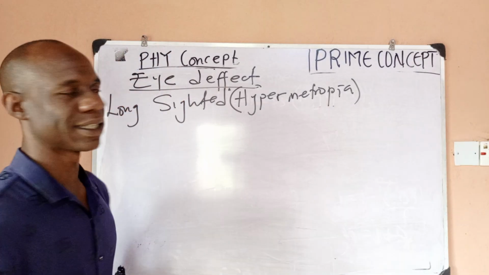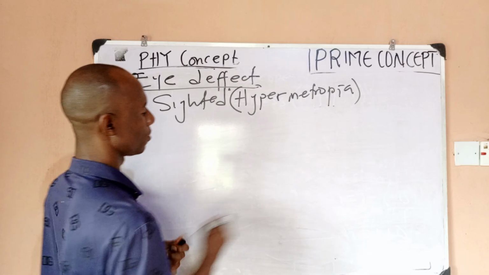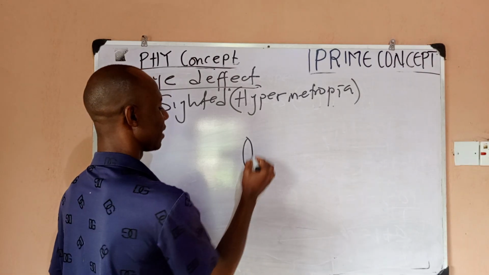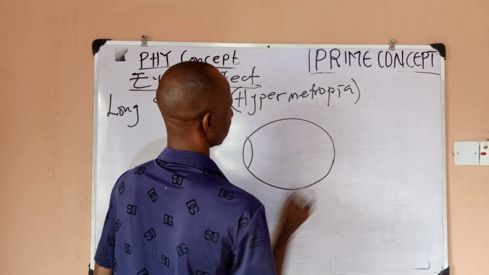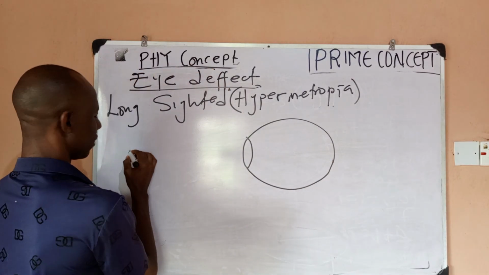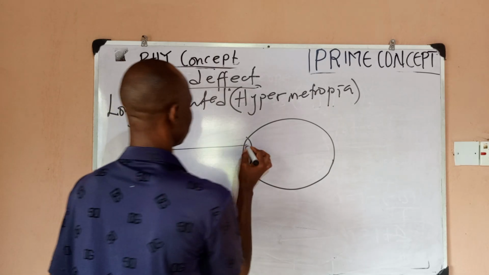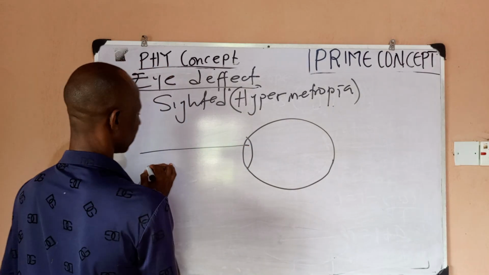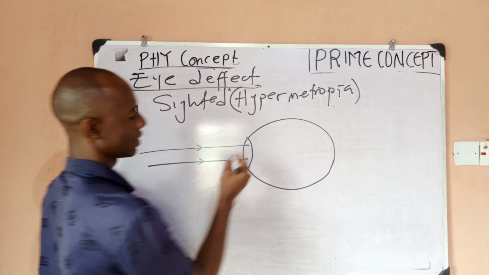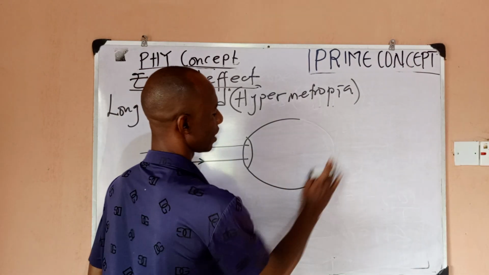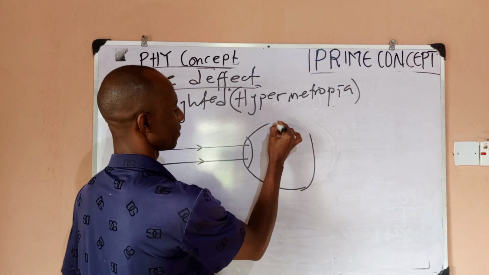Now let's look at a diagram that will illustrate how the image is formed. This is the eye lens, this is the eyeball. For a long-sighted person, when an object is being viewed, because the eyeball is too short, let me make this short so that you would agree with me, like this.